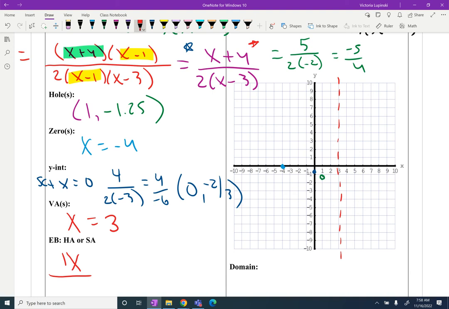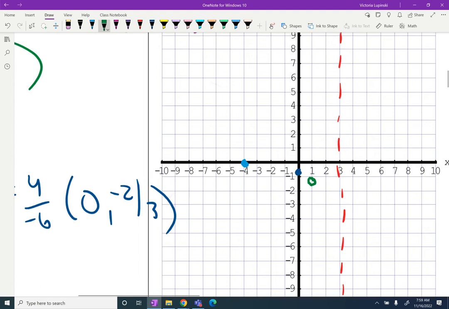What would be your leading term? 2x. Tell me something about the degrees. They're the same. So is it horizontal or slant? It's horizontal. And how do you find it? It would be 1/2. So we haven't really had many fractional asymptotes, but no biggie. So y equals 1/2.